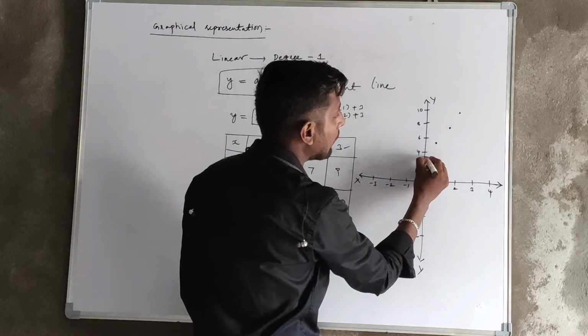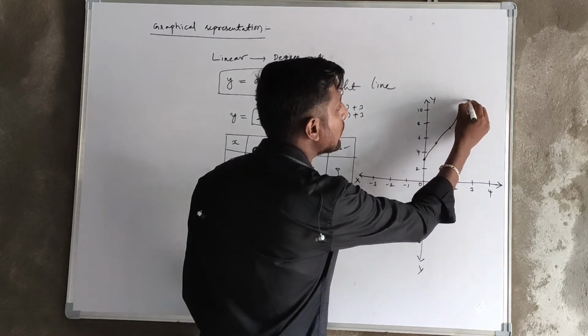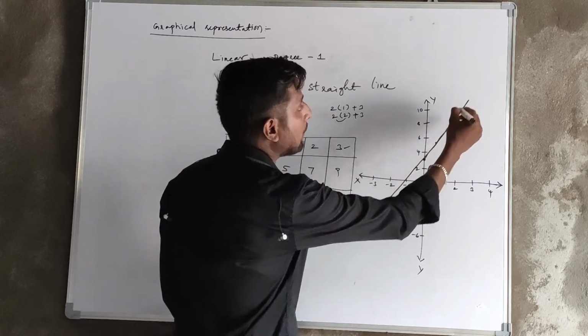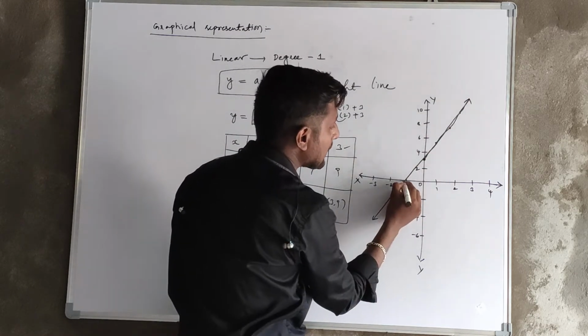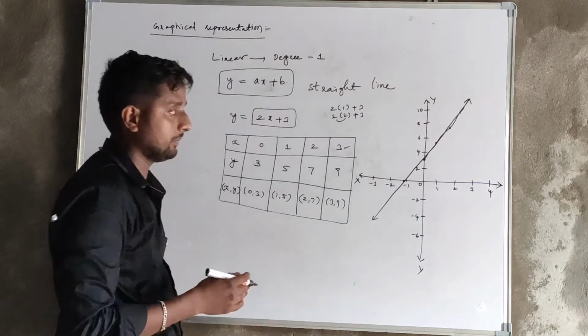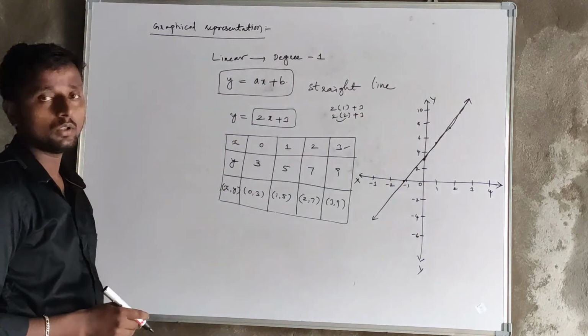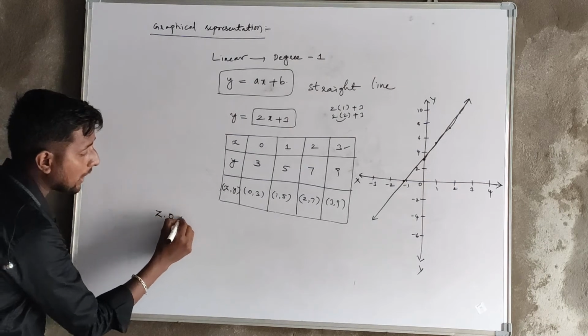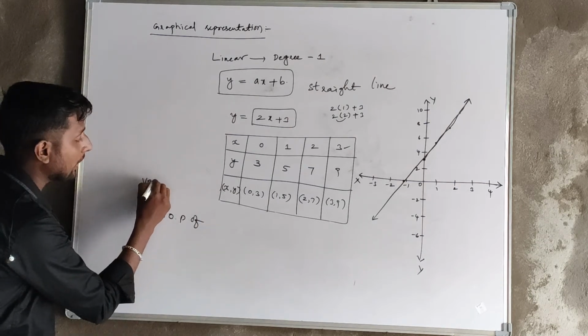If you try to join the points using a ruler and extend the line, it will touch the x-axis at a certain point after 1. Correct? No? Yes?